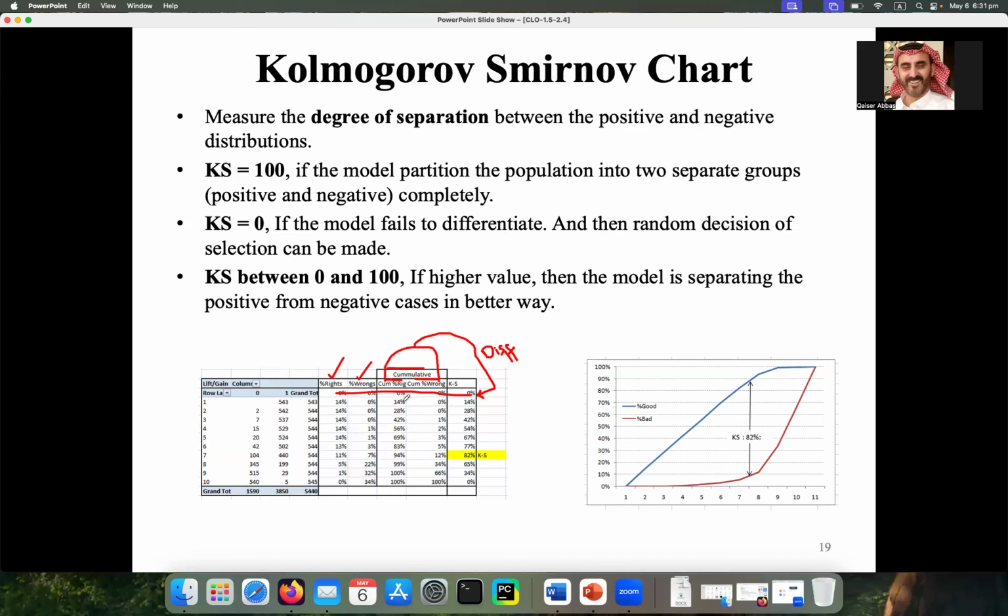So now for the first entry, I am getting this 14. Then this 14 plus this 14, I am getting 28. Cumulative. This 28 plus this 14, I am getting 42. And you are getting the values like that. You are just adding and getting the cumulative values. Similar approach with the percentage of this wrong, and then you have these values here.